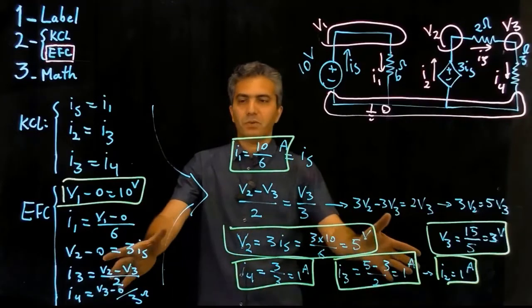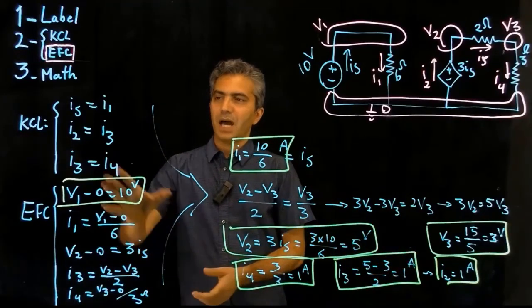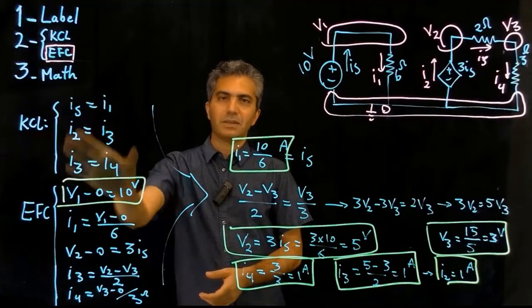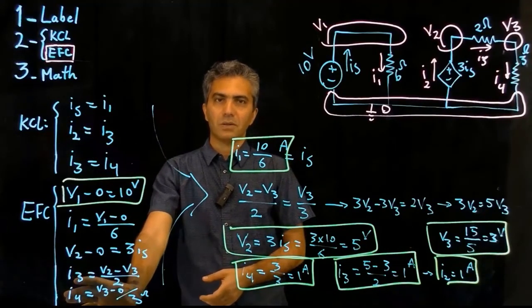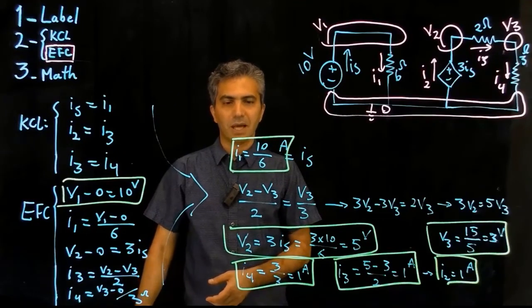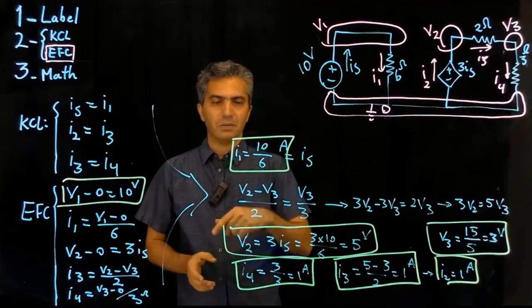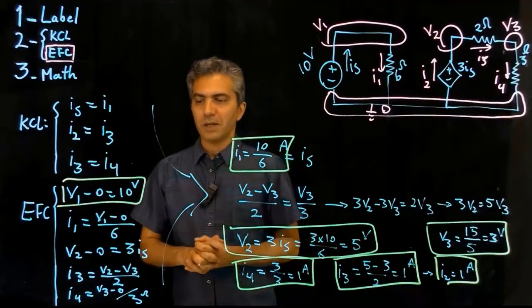If you're not comfortable doing this, I'm going to have a lecture on how to do sets of linear equations. That's actually an appendix in the book too. You can read that once I start that lecture, which would be the next lecture.